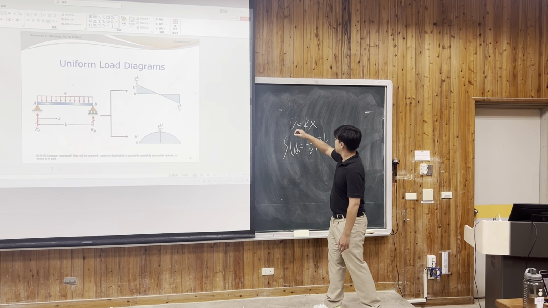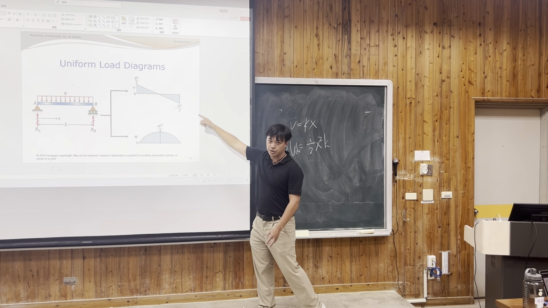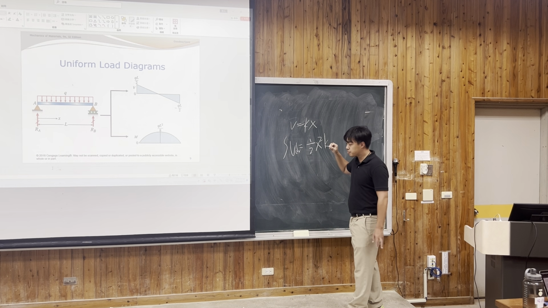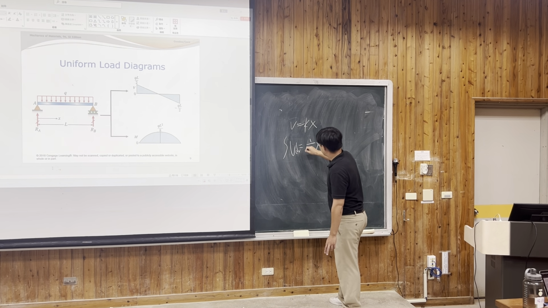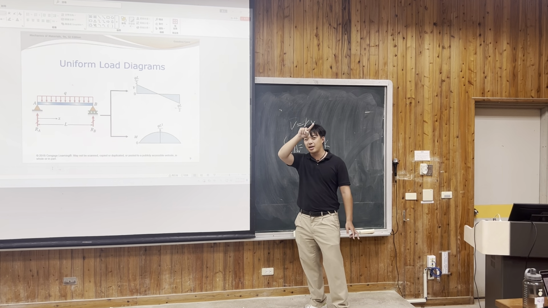Since it is going down, in the shear, the k maybe will be negative, right? Yeah. So by negative x squared divided by 2, it will be somehow a semicircle-like shape, right? So this is why I say when we calculate the peak moment, we just draw a semicircle.